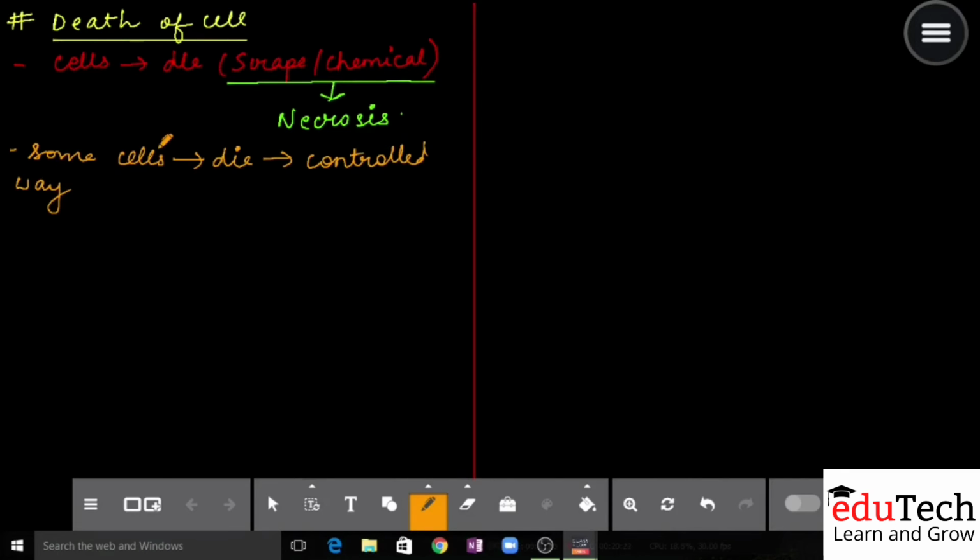They die in a very controlled way. And one thing we have to understand is that this controlled death of the cell is extremely important in your embryonic development. Why, we'll tell you now.